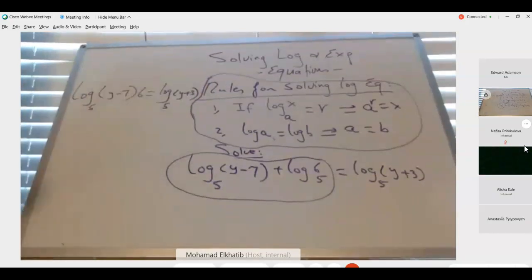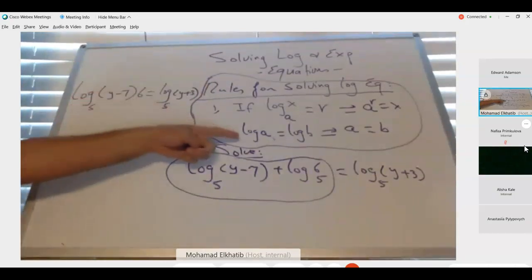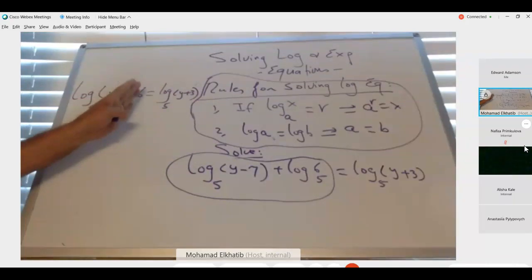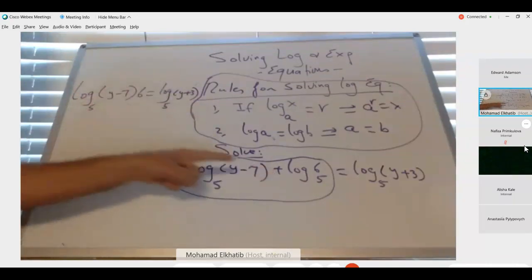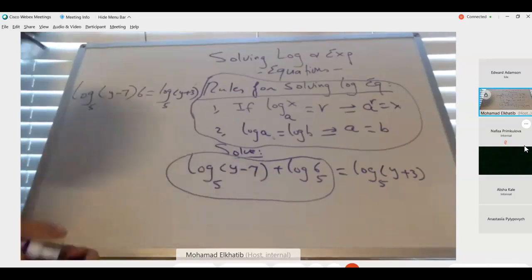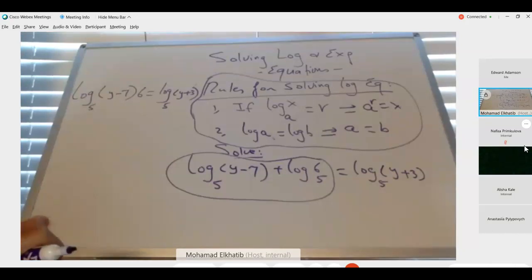See that, class? Because I cannot use rule 2 unless I have only one log on the left and one log on the right. This is addition, therefore I multiply them. If it was subtraction, I divide them. Remember the rules from Monday's class, right? So are we good so far?